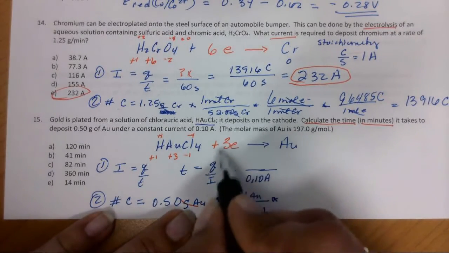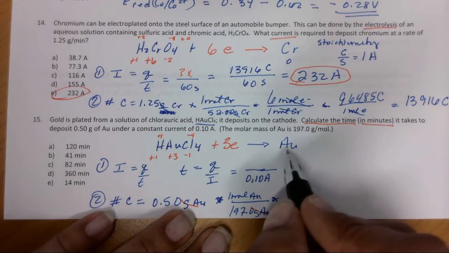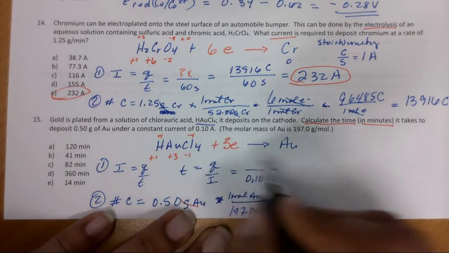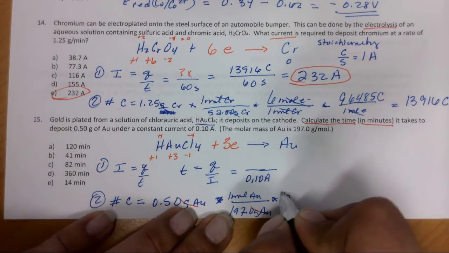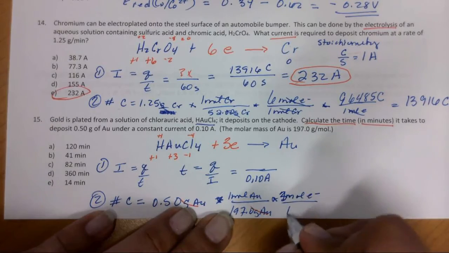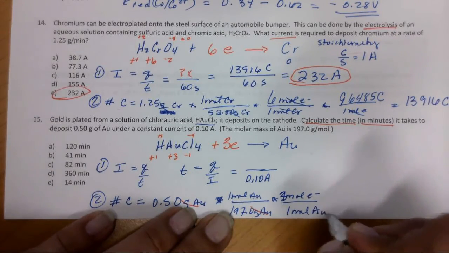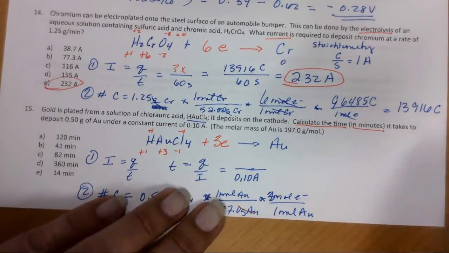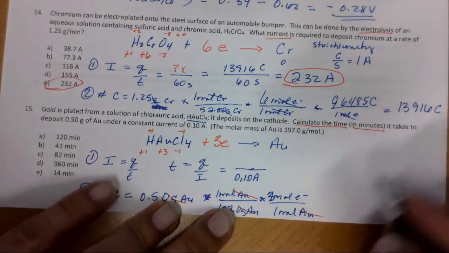I need to know the number of electrons gained to plate out 1 mole of gold. And so I'll say for every 3 moles of electrons, I get 1 mole of gold. So we cancel that out.